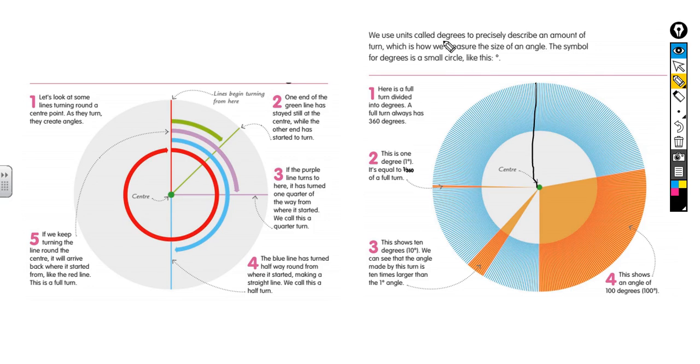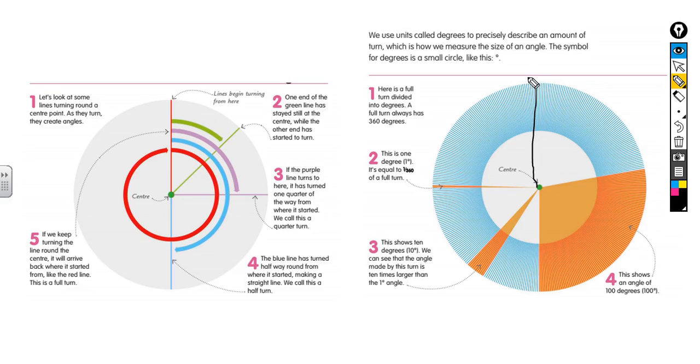It says here we use units called degrees to precisely describe an amount of turn. All right, and this is how we measure the size of an angle. And the symbol for degrees is this small circle there. Okay, so a full turn, if we went round the whole circle, that would be 360 degrees.